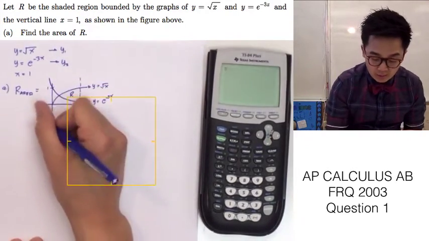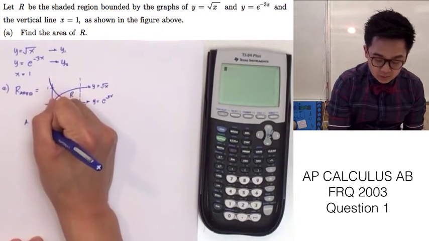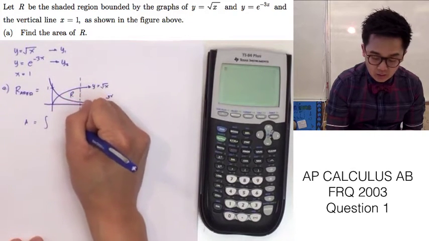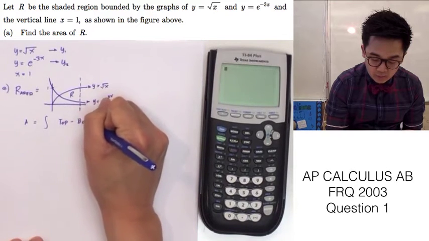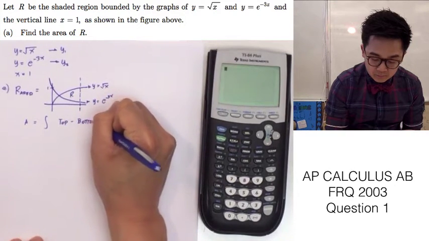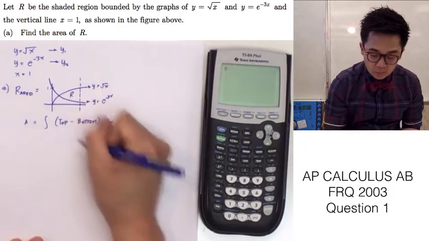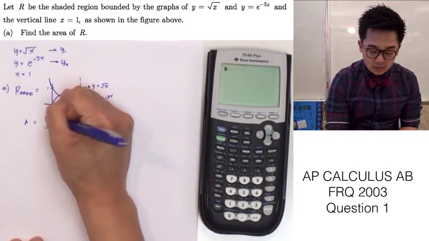The formula for finding the area between curves is the integral of your top function minus your bottom function, and here we integrate with respect to x from a up until b.